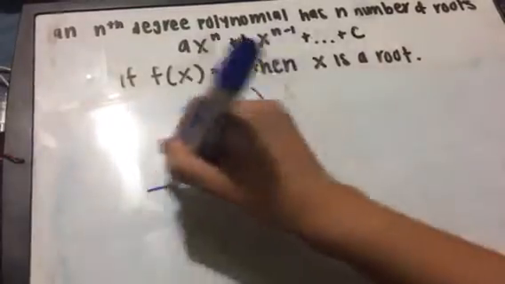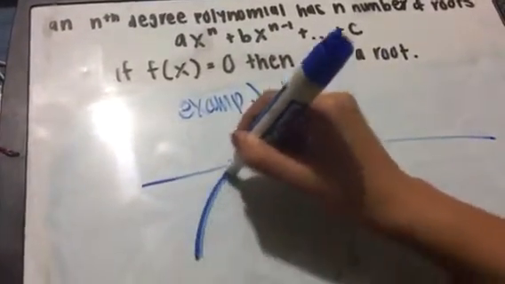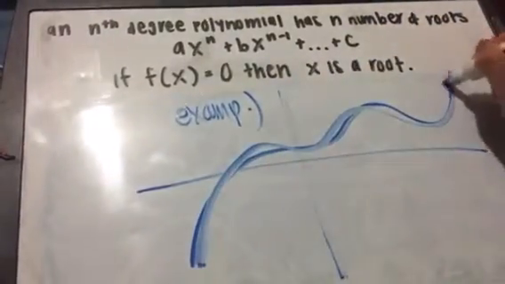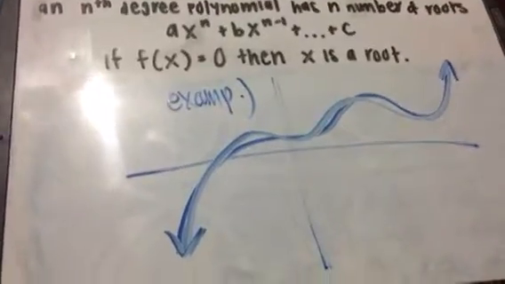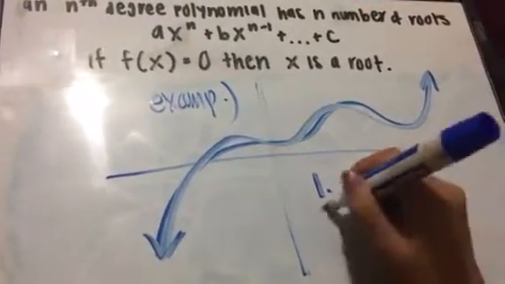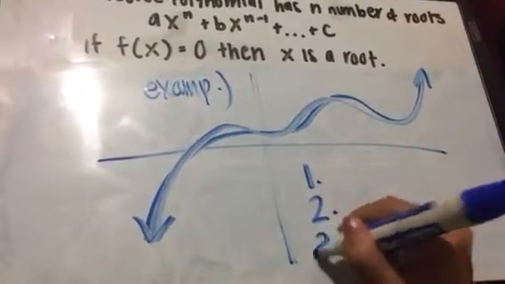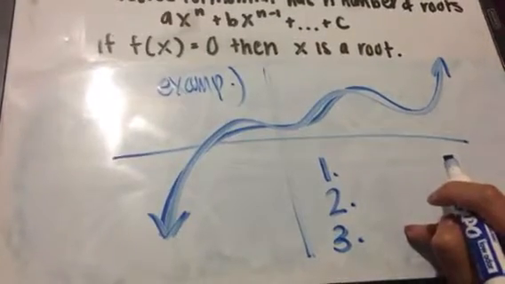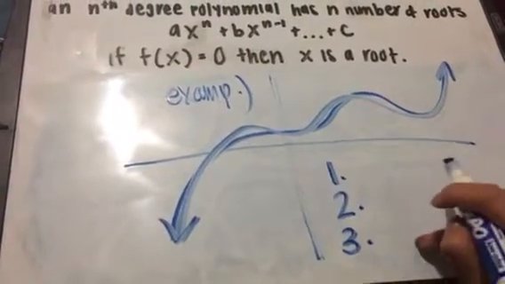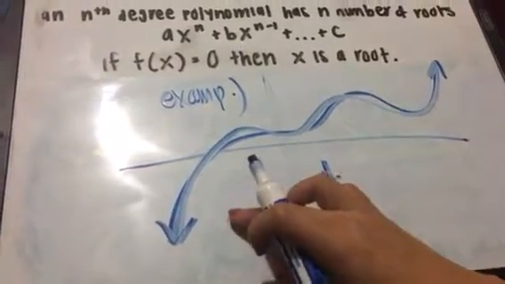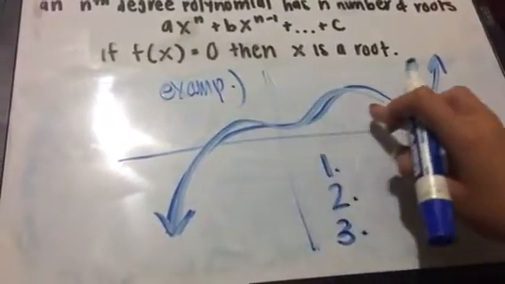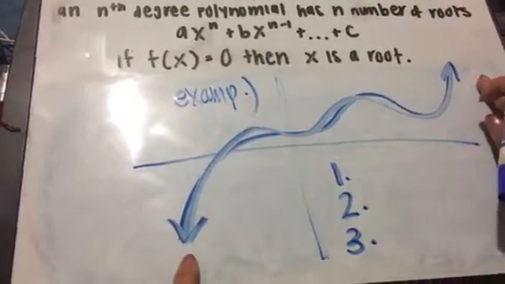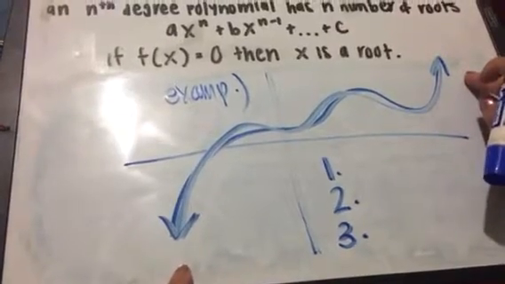So say, for example, we are given this graph, and we are asked to find first, the degree of the polynomial, second, the number of real roots it has, and third, the number of complex roots it has, or the pairs of complex roots it has. So if we were to look at this polynomial, we can first identify that it is automatically an odd degree polynomial because the end behaviors are in opposite directions.